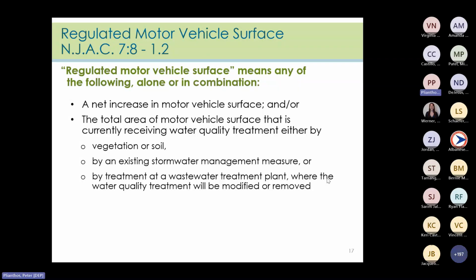And just to note, areas that are only for emergency use and are regularly gated from motor vehicle traffic may be excluded from a site's total regulated motor vehicle surface.